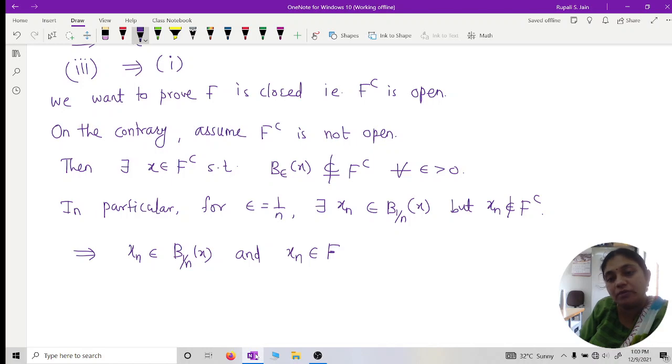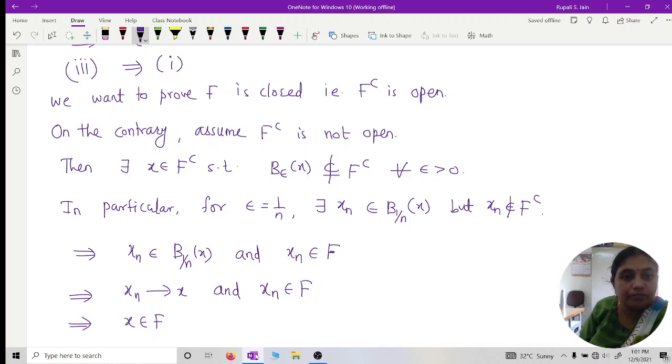Xn does not belong to F complement, which means xn must belong to F, right? So this implies xn converges to x and xn belongs to F. So from the third statement, x must be in F, but this is a contradiction, because where we started, there exists x belonging to F complement.